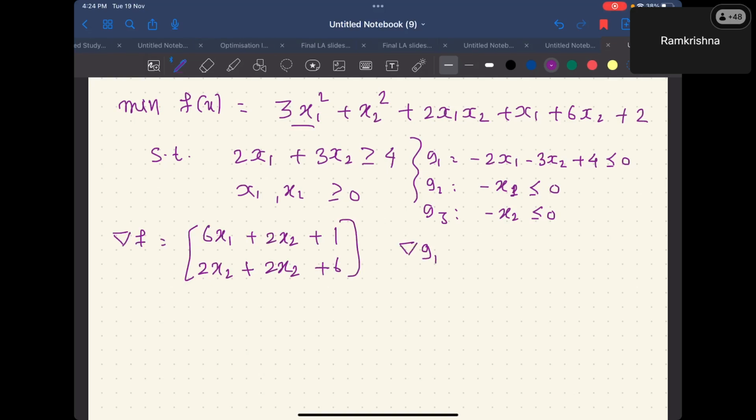Gradient of g1 is, again, look at this carefully, minus 2, minus 3. Gradient of g3 is minus 1 and 0. Gradient of g4 is 0 and minus 1.